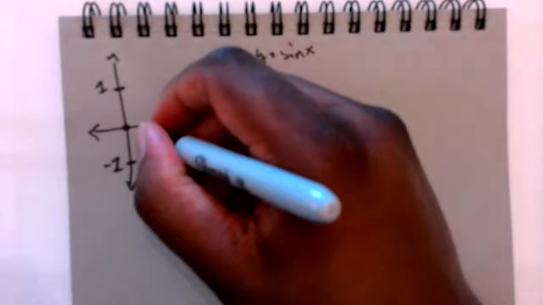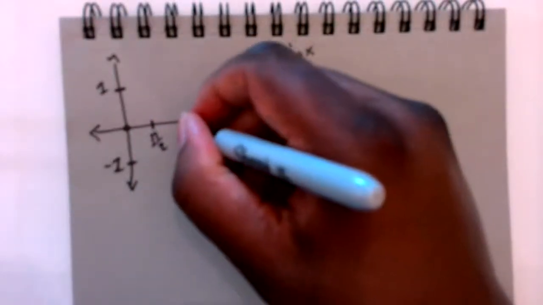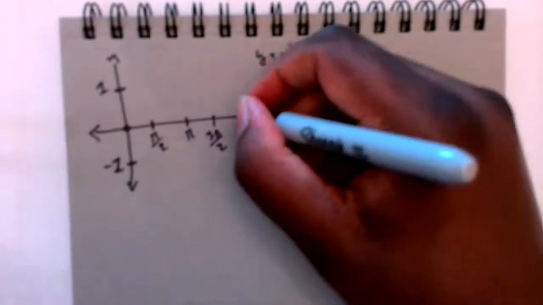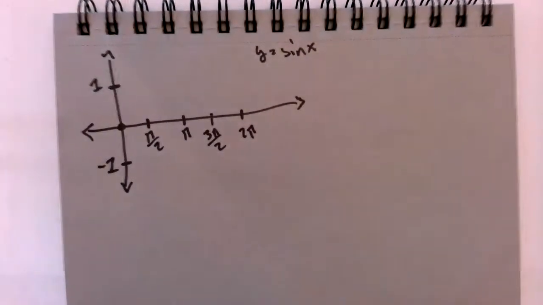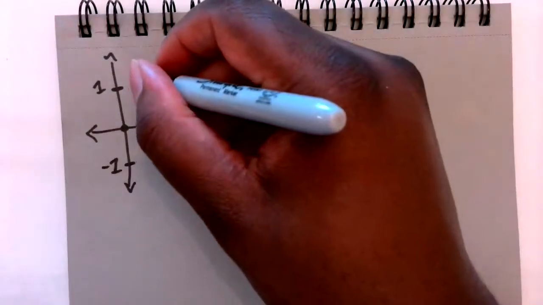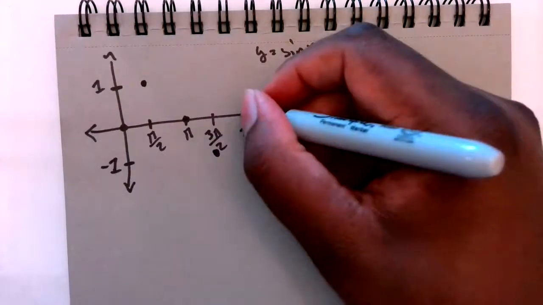Then you're going to hit the points pi over 2, pi, 3 pi over 2, and 2 pi. Pi over 2, you're going to go up to 1. Just fill in kind of like this.